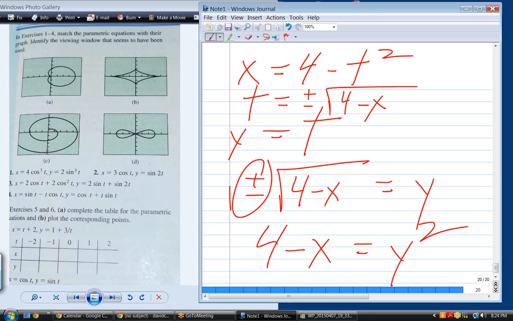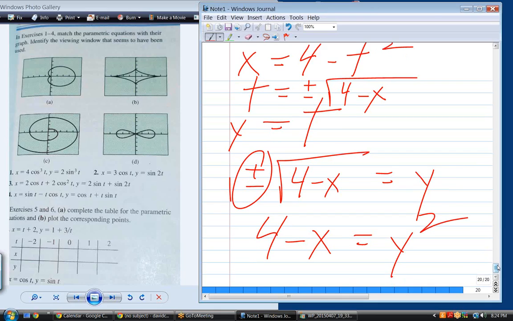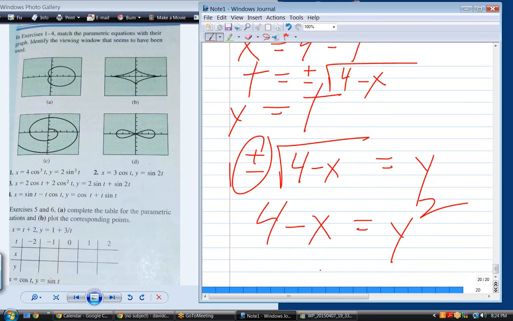What is that the equation of? Just a straight line again, right? No, it's a sideways parabola. Oh. In other words, if I move the x over to here, I got 4 minus y squared equals x. And this is a parabola that opens this way.